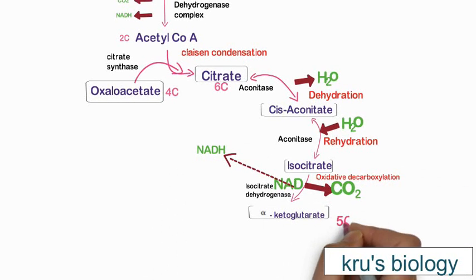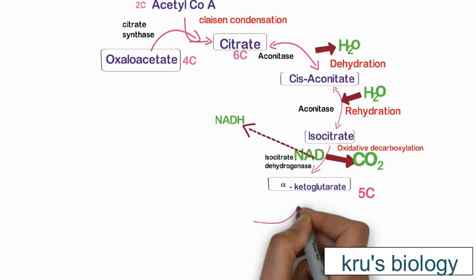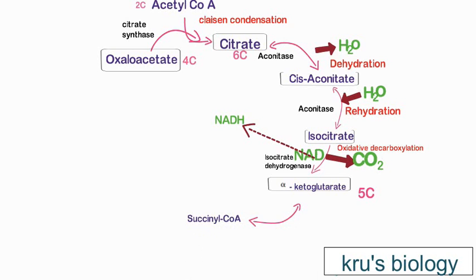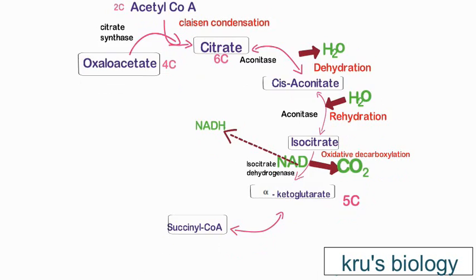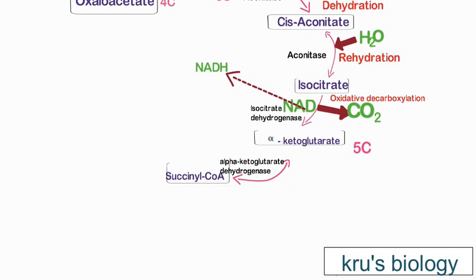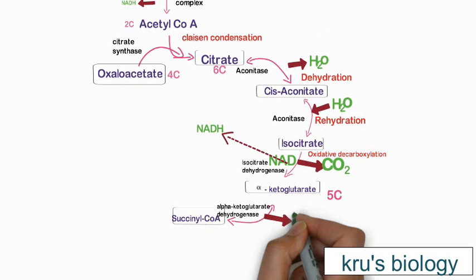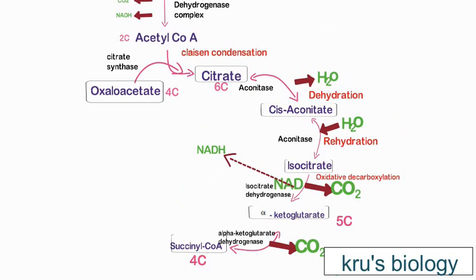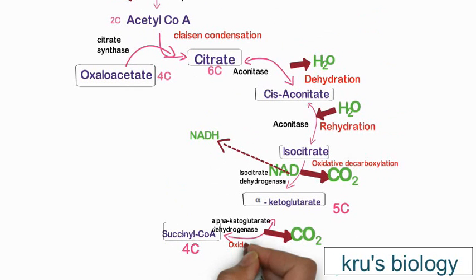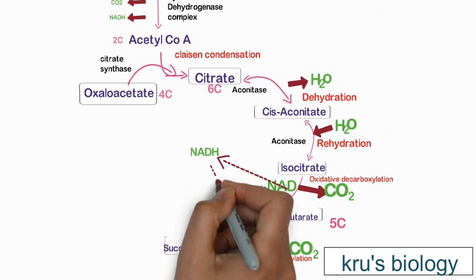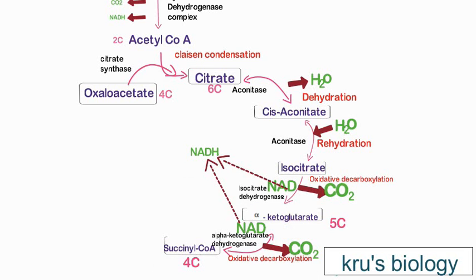Then alpha ketoglutarate, a 5 carbon compound, is converted into succinyl-CoA via the enzyme alpha ketoglutarate dehydrogenase. This process gives rise to one molecule of CO2, so it is 4 carbon, and this process is also called oxidative decarboxylation. Then one NADH molecule is released.